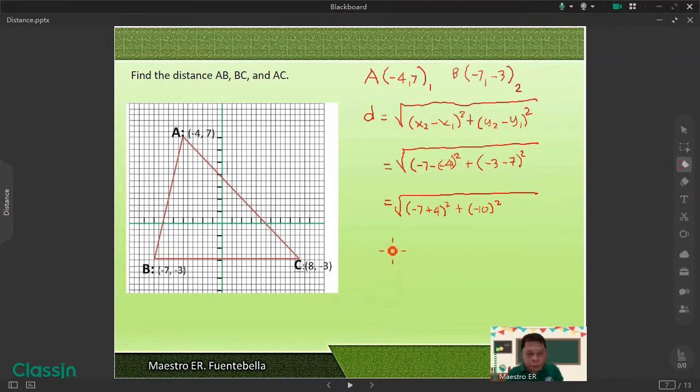So let's simplify. It is now the square root of negative 3 squared plus negative 10 squared is 100, or equals now to the square root of 9 plus 100, which is equal to the square root of 109.